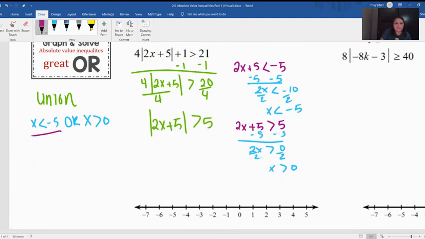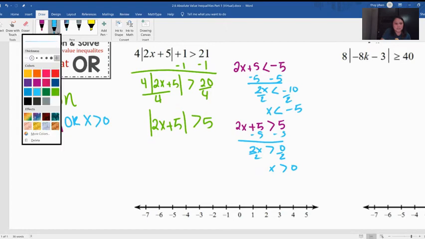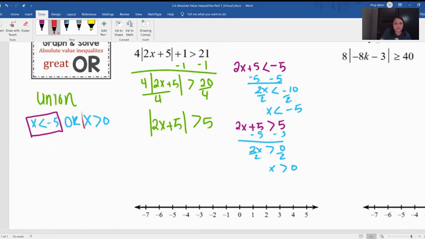And I'm going to do this one in the purple. And let's do a different color so that we can distinguish the two. This one I'll graph as red, and then we can figure out where they actually intersect. So at negative 5 is going to be an open point, and it says it's less than negative 5, so the number line in this direction goes less than.